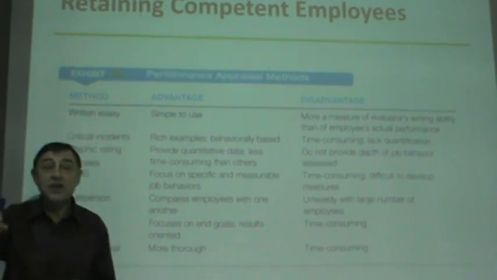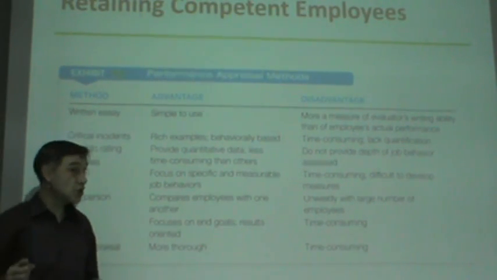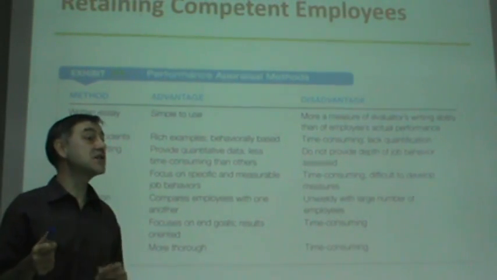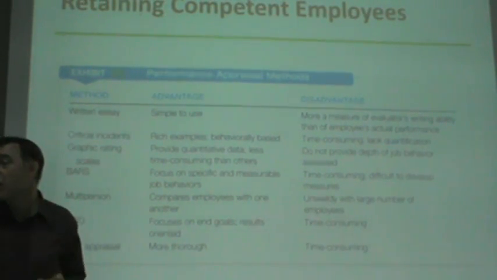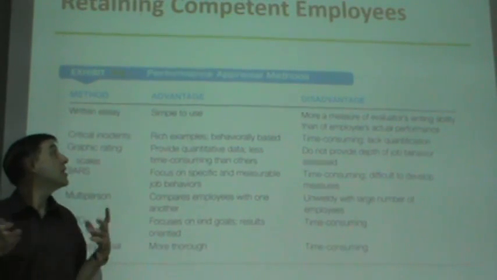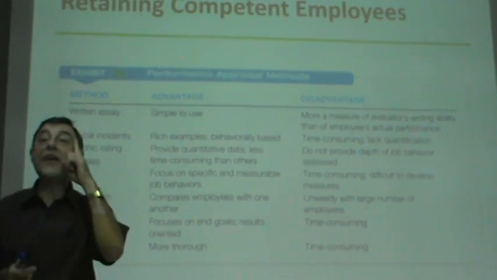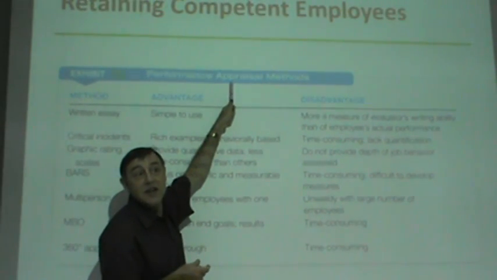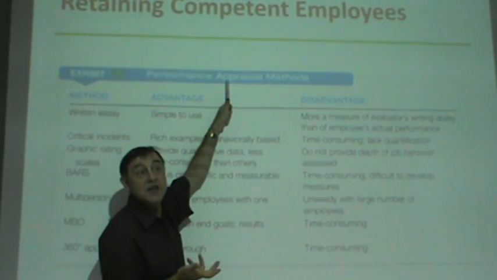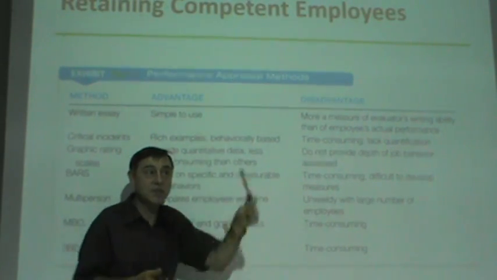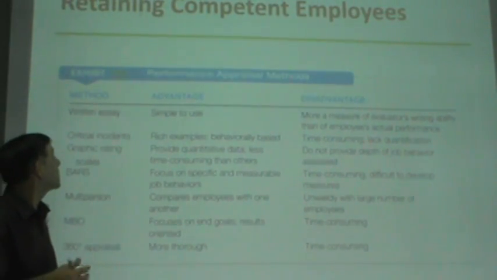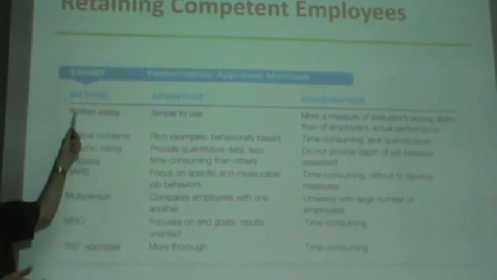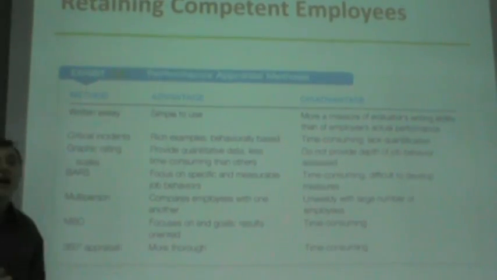Now, you can simply talk to them, you can talk to their little manager, okay? You can ask other employees to see how they're doing, but one way or another, you have to evaluate them. Now, evaluation in English is the same as appraisal. Appraisal means to make an evaluation. In a simple way to evaluate, again, you got a whole bunch of methods, is just a simple written essay.